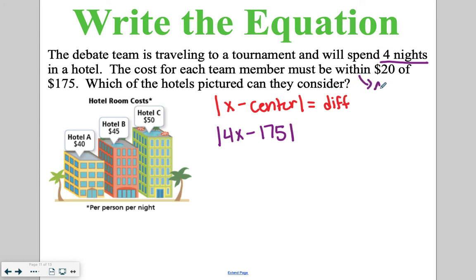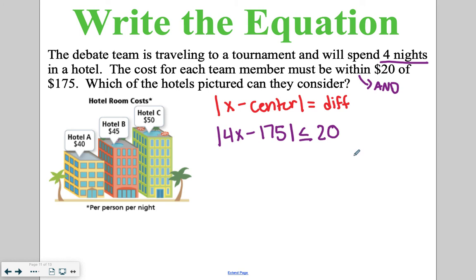Within is going to be an and statement. So we're going to have less than, and it also could be equal to, because they could spend $175 or they could spend up to $20 more than that. So what they could spend and how far up or down they can go from 175. So that's going to give you your equation.